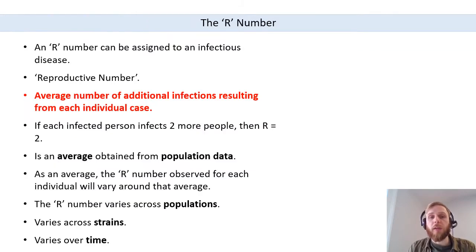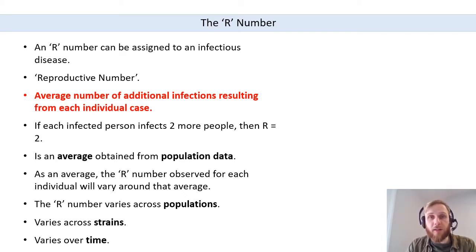Okay, so one key concept that we need to define at the start is this idea of the R number. Now, again, I think this is something you've probably heard about with regards to COVID, but the R number is an established concept that's been used for a long time by epidemiologists to help us understand how an infectious disease is spreading throughout a population.